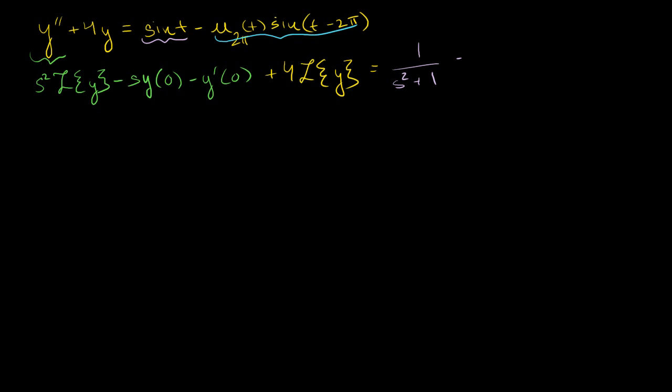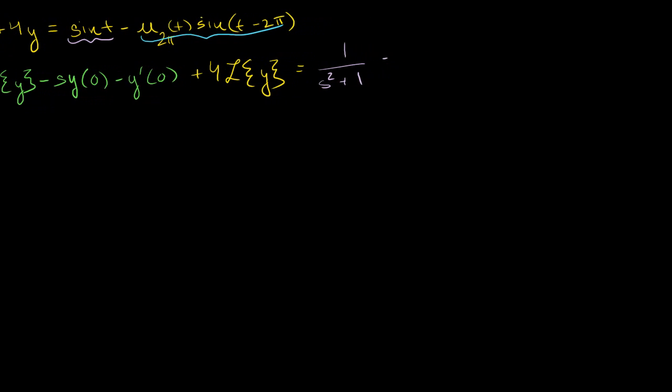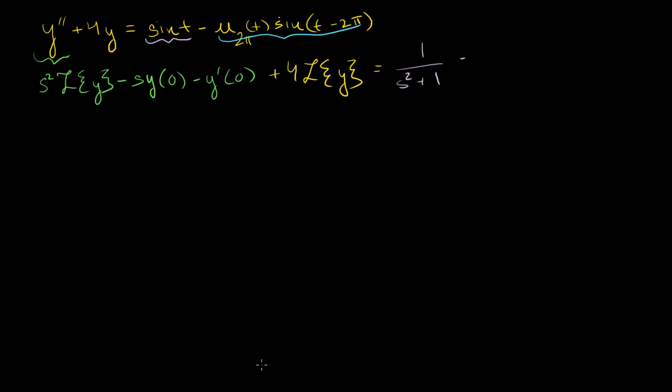And we know it. I showed it to you a couple of videos ago. This is going to be the same thing as the Laplace transform of sine of t, but we're going to have to multiply it by e to the minus cs, if you remember that last formula, where c is 2 pi.